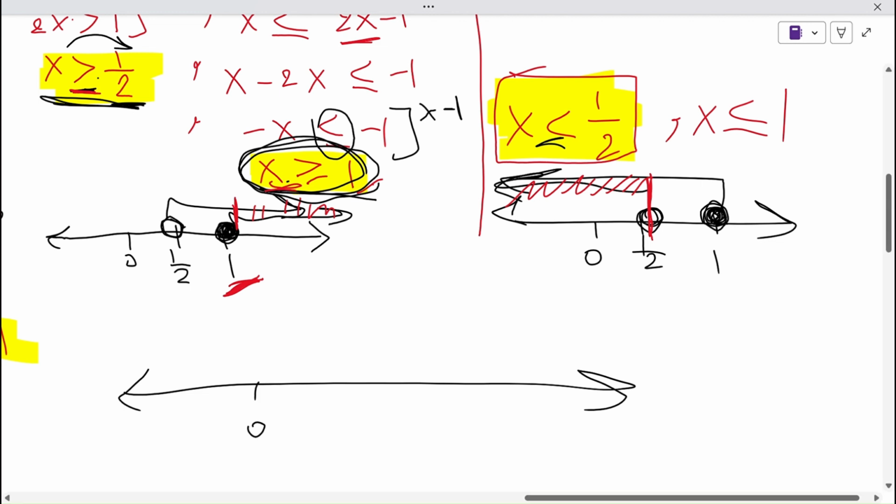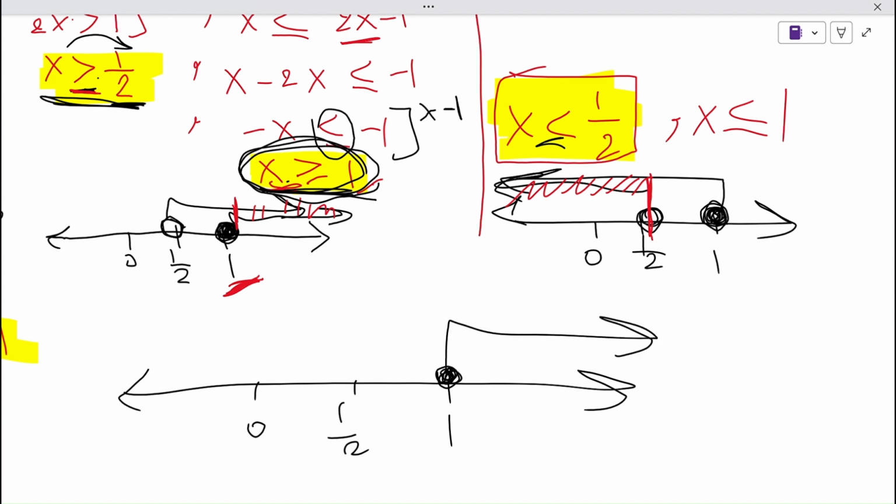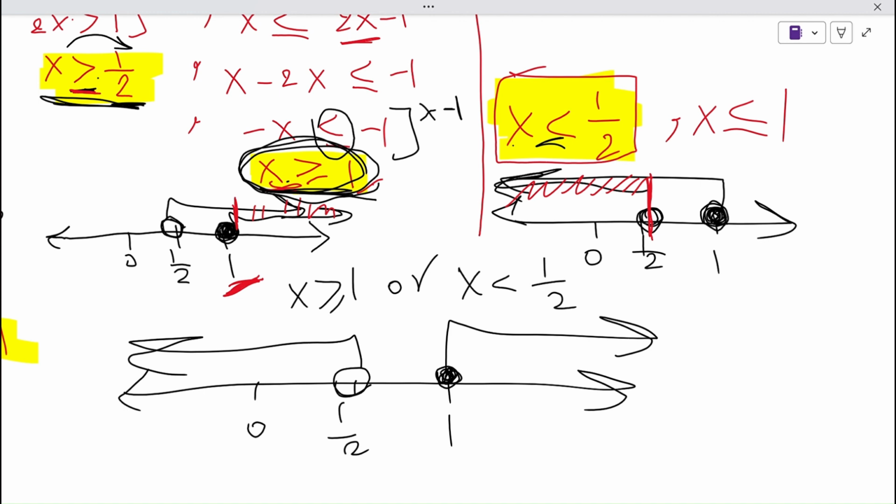X is greater than or equal to 1, it means here. And here we have x less than 1 over 2, it means there. So this is x greater than or equal to 1, or x less than 1 over 2. Guys, this is our solution of these inequalities.